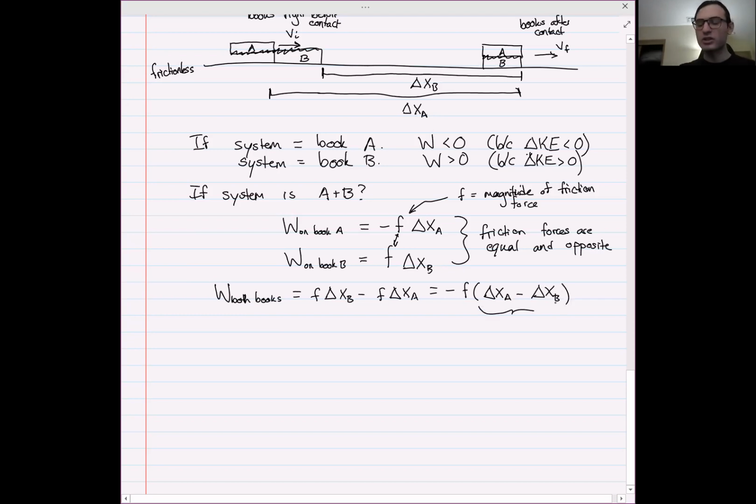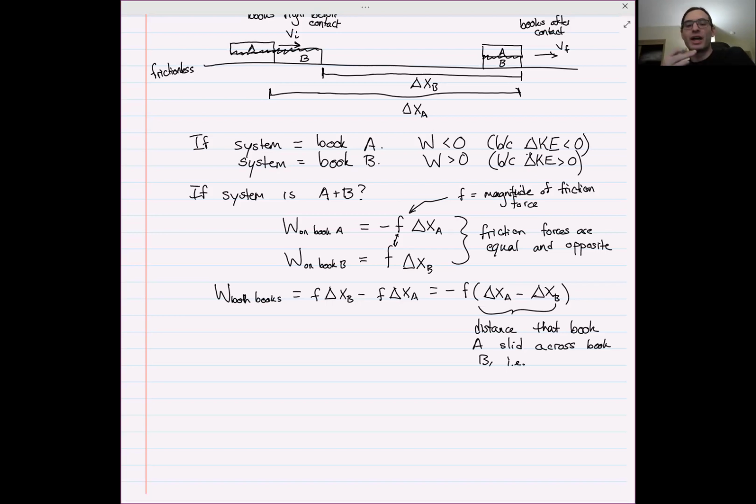And this number here, delta XA minus delta XB, this is the distance that book A slid across book B. I.e., it's the distance in which they were both rubbing. It's the amount that book A slid on book B.